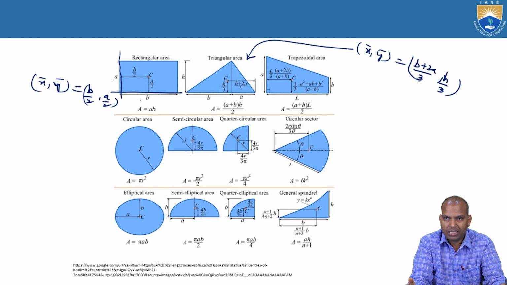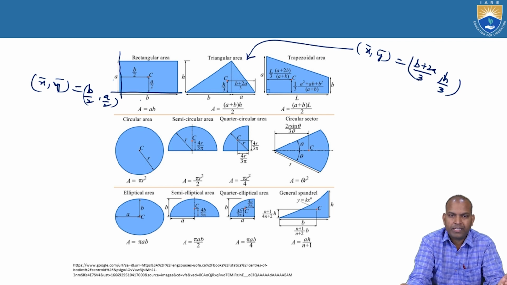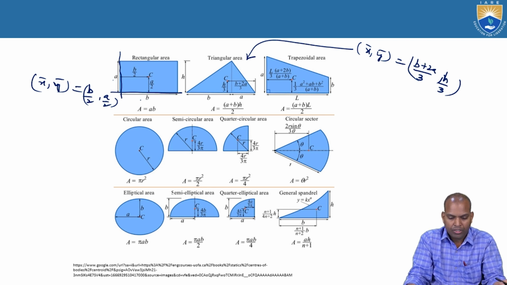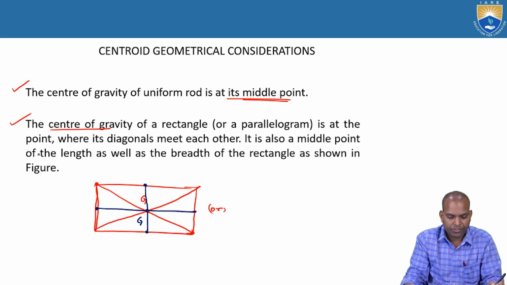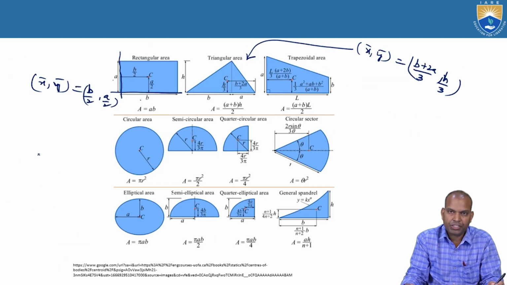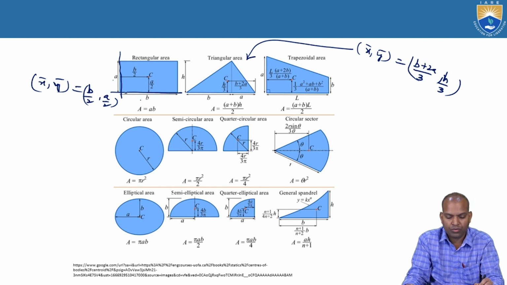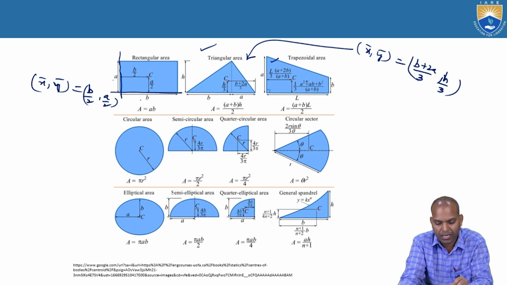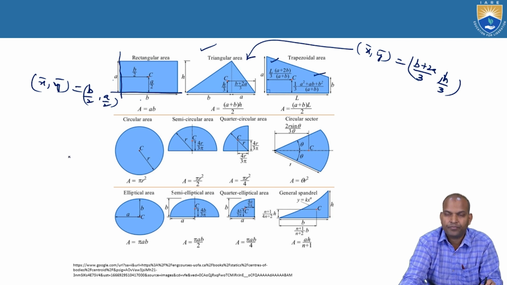From this slide you can understand the centroidal distances of various sections. Here we have studied the various sections. We see x bar and y bar for the rectangle, b by 2 comma a by 2; for the triangular area, the area is base times height; and for the trapezoidal area, this is x bar and this portion is y bar.